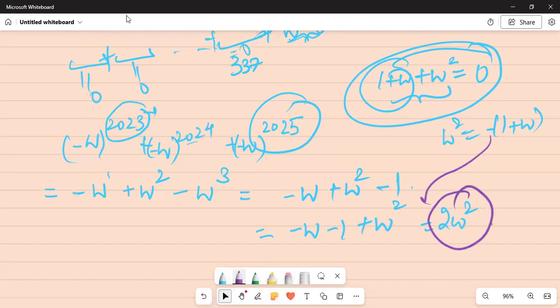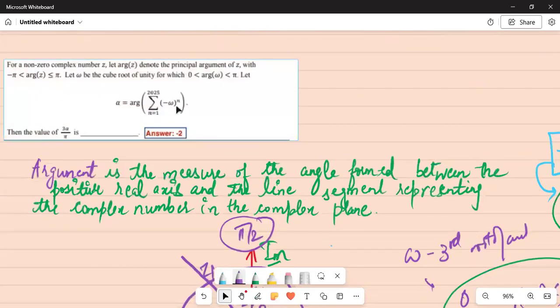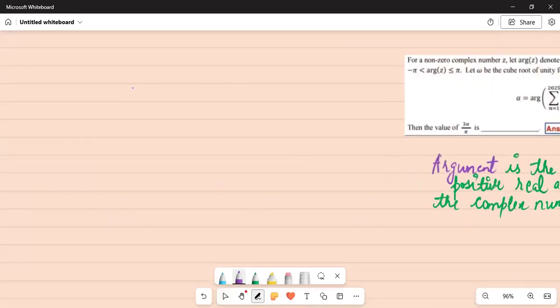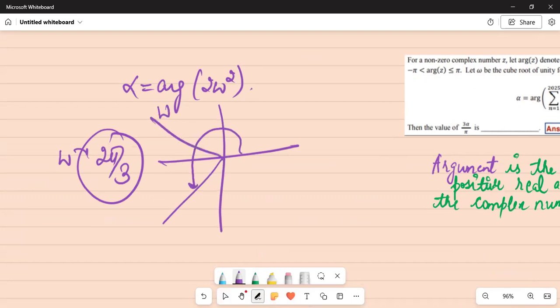So to calculate alpha, you actually need to first find the principal argument of this part. You have to find the principal argument of this part, and the sum, we get the sum as 2 omega square. So to find the principal argument, now you know that if omega has the principal argument 2 pi by 3, then, as I said, if you take it in the anti-clockwise direction, this is omega and this is omega square.